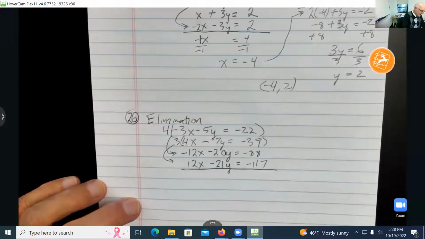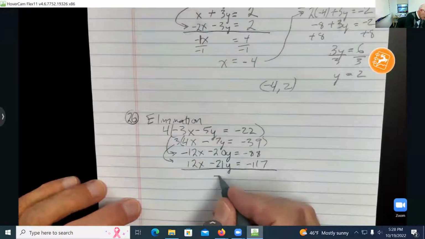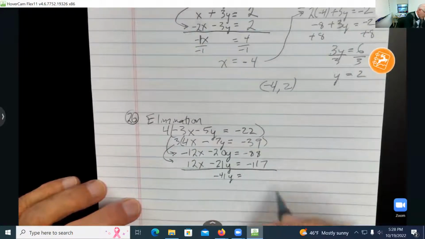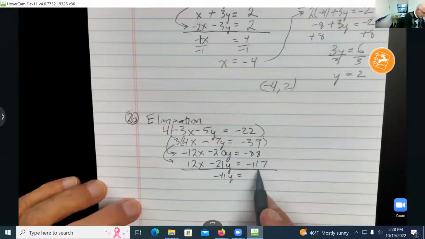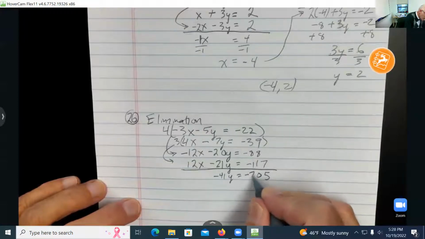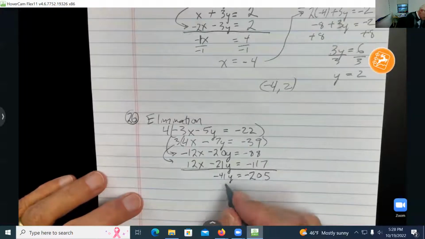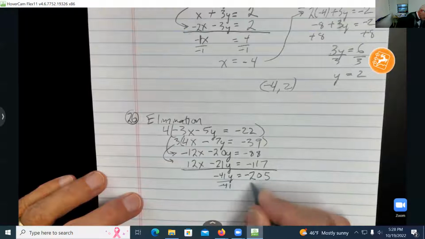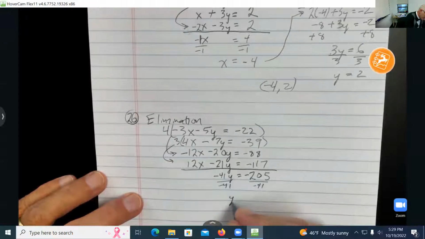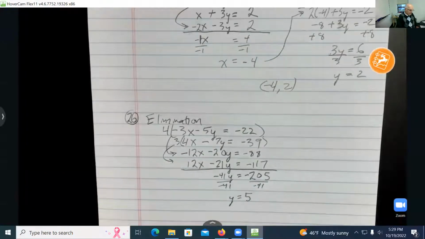Adding the equations now, I get 0 here, -21y and -20y is -41y, and -88 and -117 is -205. Now dividing both sides by -41, a negative divided by a negative is a positive, and I got y equals 5.